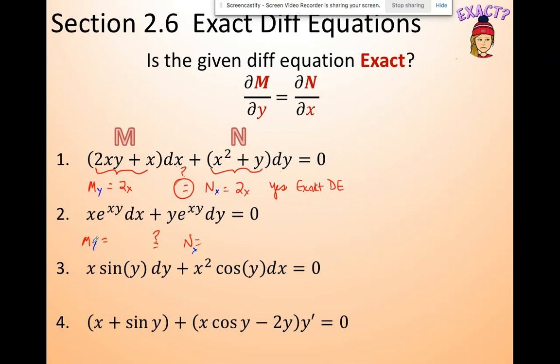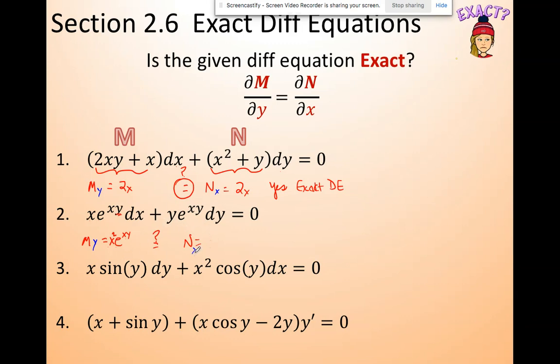Because I'm taking the partial derivative with respect to y. So x is just a constant. So e to the stuff times the constant x, a constant times e to the stuff. Its derivative is the constant times e to the stuff times the derivative of the stuff with respect to y. So I have x squared, right? How about the next one?